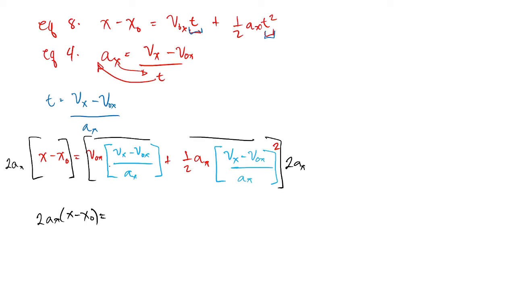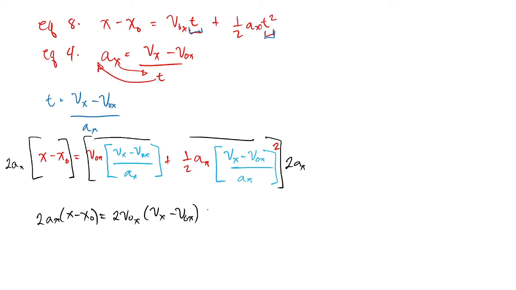Ang mangyayari class, maka-cancel yung ax sa baba, pero mareretain yung 2. So magkakaroon tayo dyan ng 2v naught x multiplied to our vx minus our v naught x.